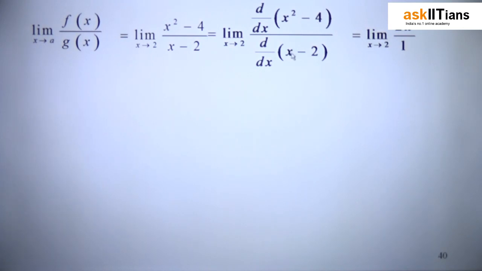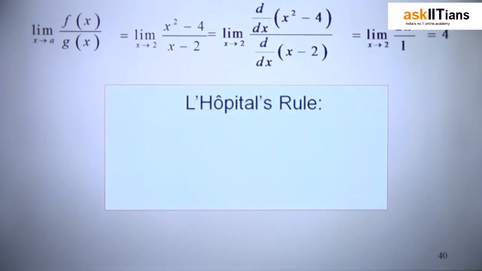For the denominator, the differentiation of x with respect to x is 1 and the constant gives 0. Now this is a linear function, and we apply substitution, placing x directly as 2, and this gives me a value 4. So the value calculated from this method and the value calculated by factorization both come out the same.